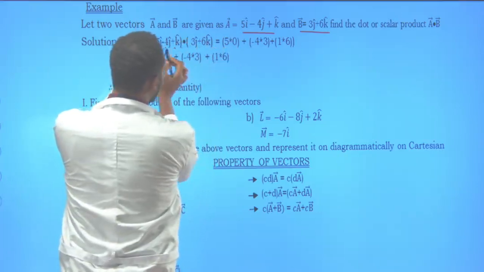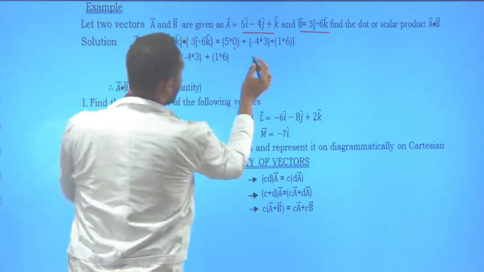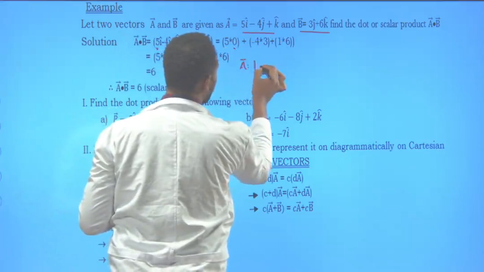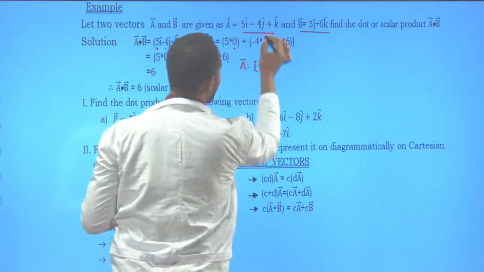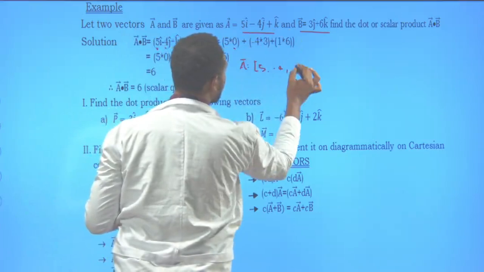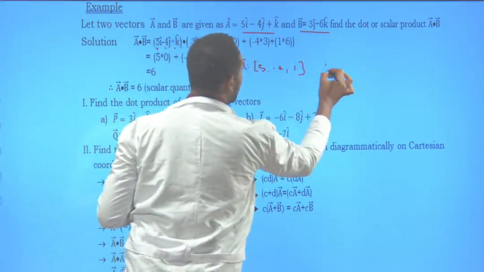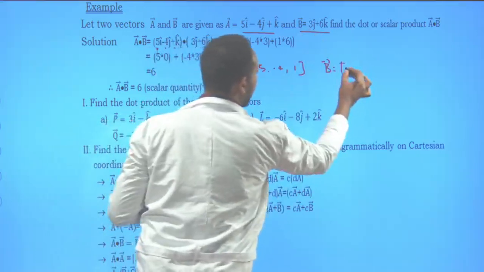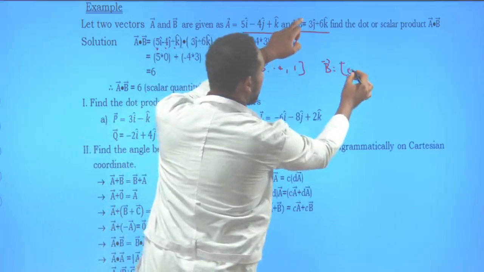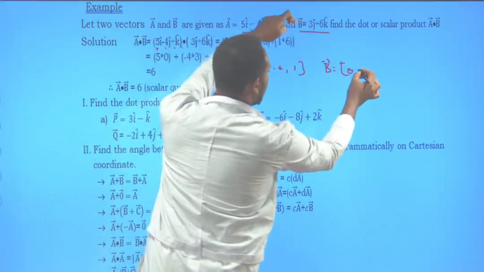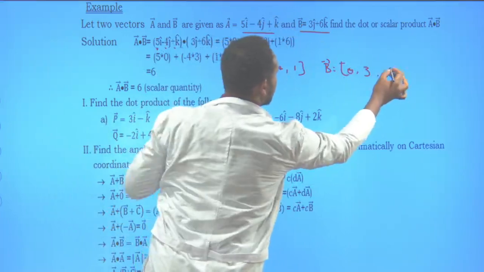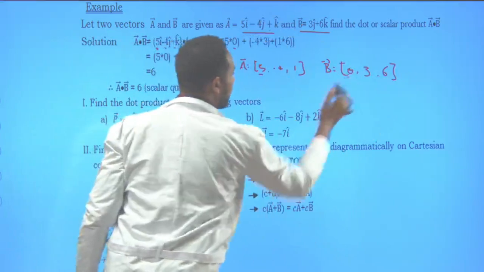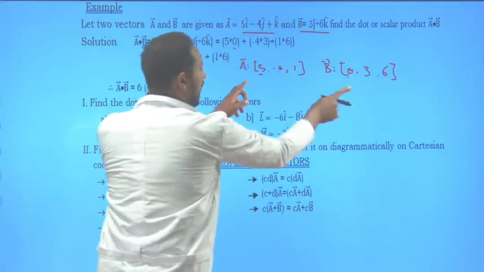Therefore, we have to multiply 5 with 0. If you put these components using the column method, vector A is 5, minus 4, and 1. And the component of vector B is 0, because there is no i component, or component along the x-axis, and here you have 3 and 6. To find the dot product, just multiply the respective components, i with i, j with j.